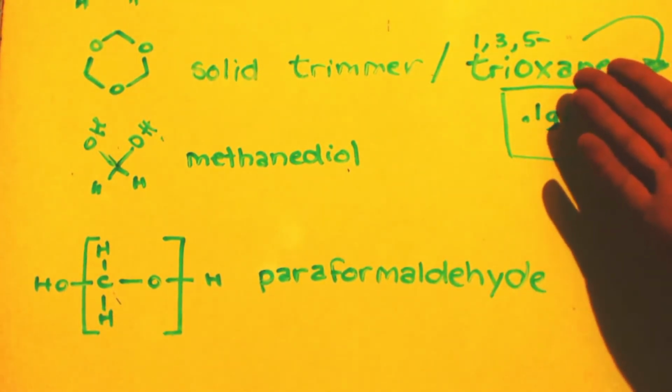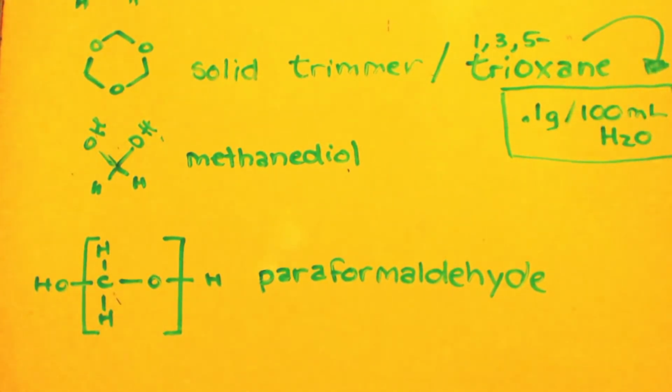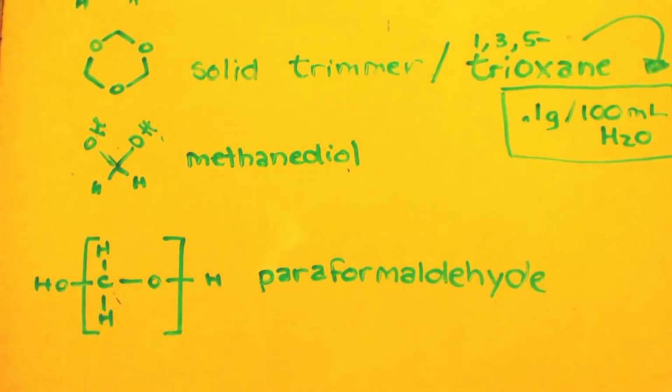And this is great, you can get anhydrous formaldehyde out of this, if you can figure out how. I know one way is to put it in water and put a little bit of strong acid in there, but you'll have it in water, it won't be anhydrous.